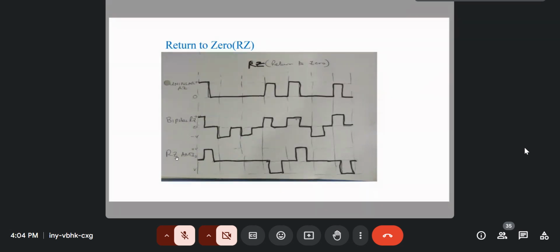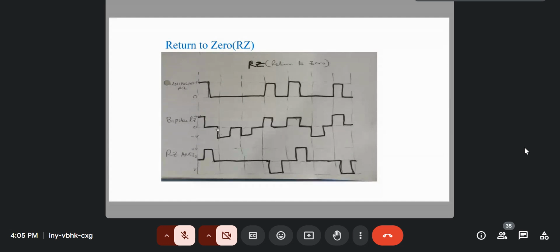So this is alternate mark inversion. You are inverting on ones. So you get a 1 here. This is a 1. Remember, this was 1, 0, 0. We can deduce what this is from this waveform. So when you have a 1, you have that. But when you have a 0, nothing.